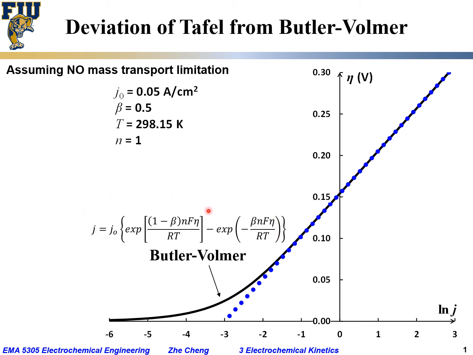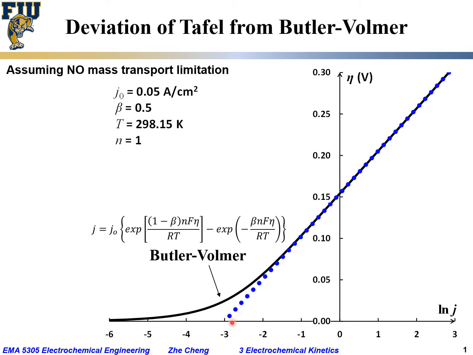Using the Butler-Volmer equation for each overpotential, we can calculate the current density, and we only look at the positive, or anodic, overpotential, where the current is positive. Then we plot eta versus natural log of current density. So the Butler-Volmer equation gives us this solid black line.